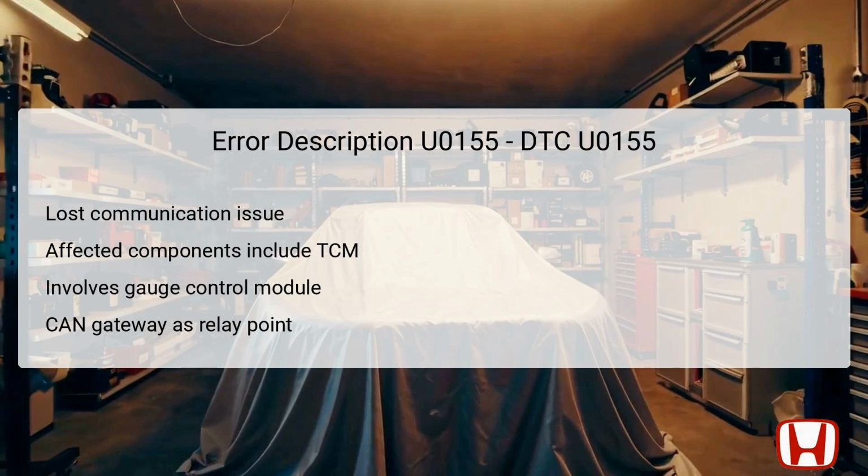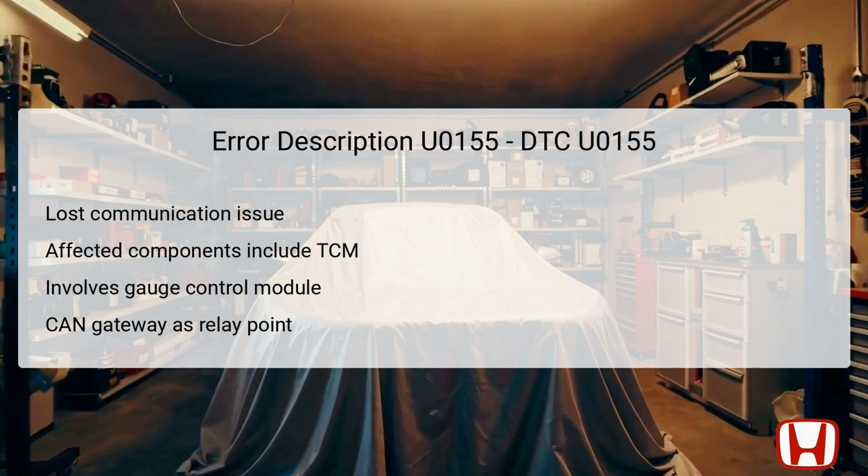Its operation hinges on the Controller Area Network, CAN, where signals are transmitted through dual lines, designated as F-CAN-H for high speed and F-CAN-L for low-speed communications. The TCM, or Transmission Control Module, relies on data from this Gauge Control Module for optimal transmission performance.